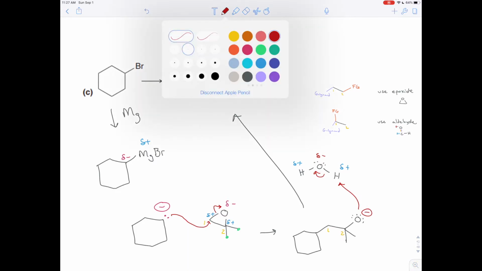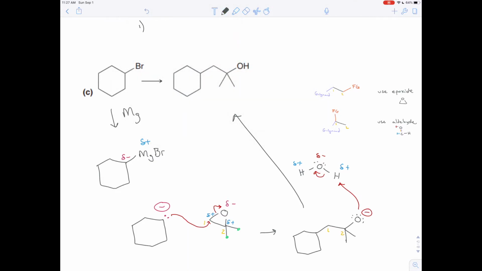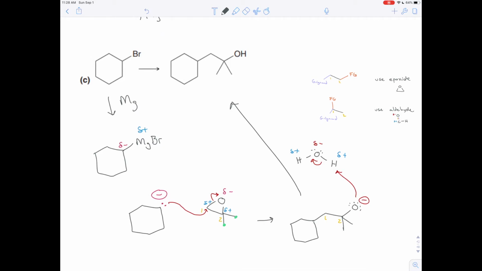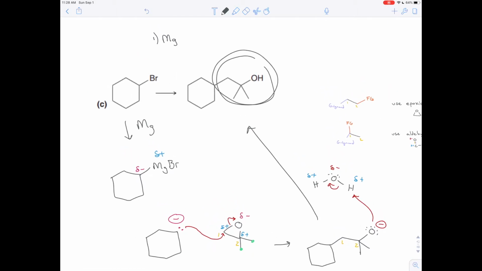The answer is, first, we had to dump some solid magnesium in here to make the Grignard reagent. Next, once we have the Grignard reagent, we had to react it with this epoxide right here, which we drew by carefully analyzing the carbon chain. So I'm going to draw that epoxide here.